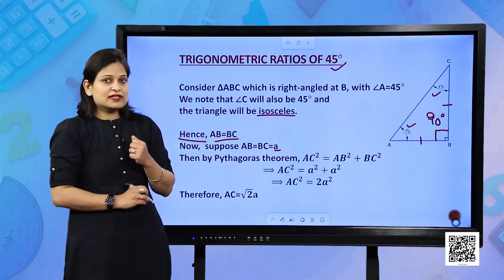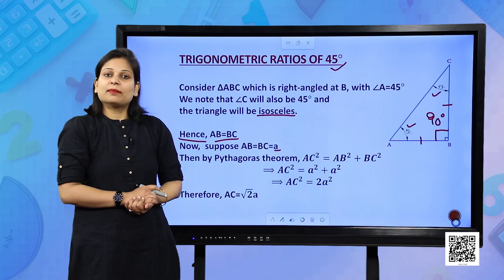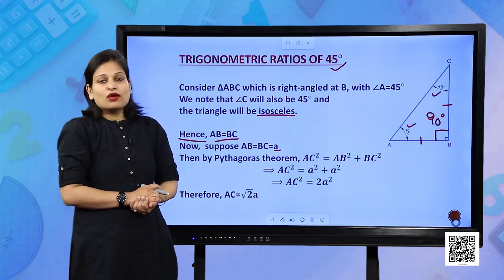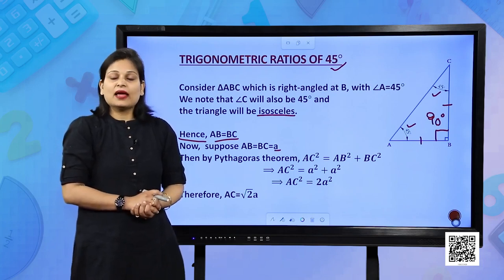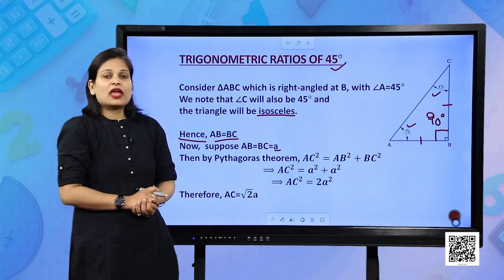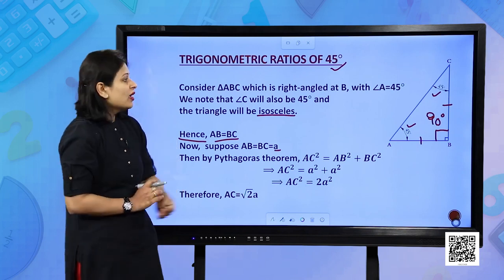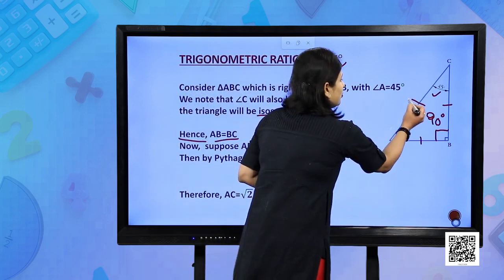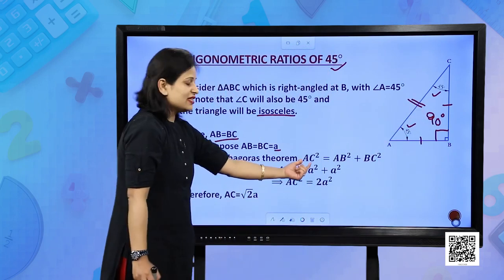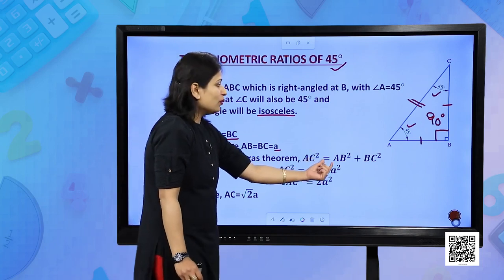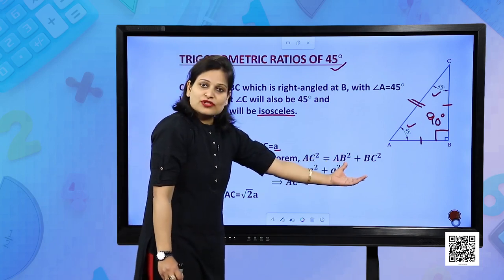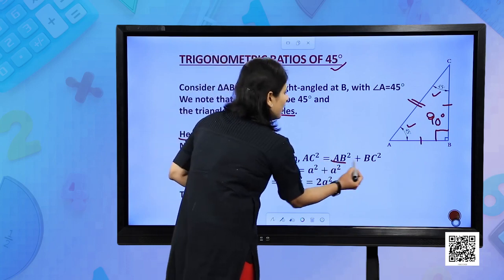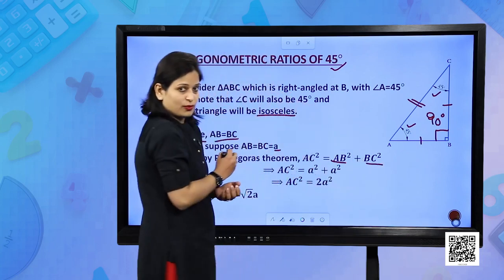We know two sides, so we have to calculate the measure of the third side. For this, we need to apply Pythagoras theorem. According to Pythagoras theorem, the hypotenuse square, AC is the hypotenuse. So, AC square is equal to the sum of the squares of the other two sides, which is AB square plus BC square.